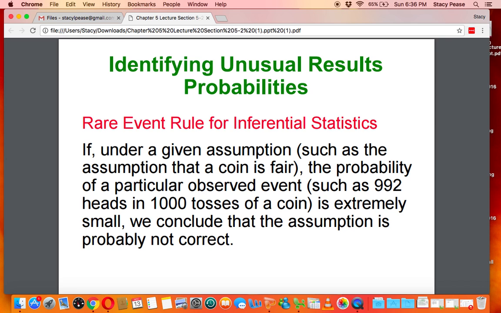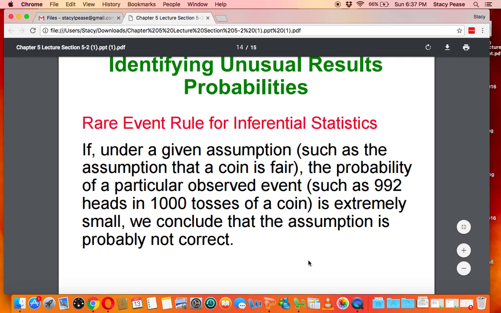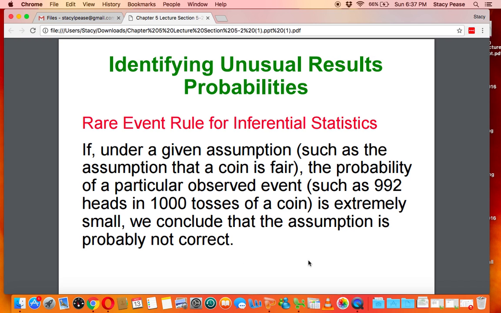So for example, if under a given assumption, such as the assumption that a coin is fair, the probability of a particular observed event, such as getting heads 992 times out of 1,000 tosses of a coin, is so extremely small, we actually have to go back and conclude that our original assumption is wrong, and that the coin is not fair. So just understand that based on probabilities, we can understand things about our assumptions going into problems, as well as whether something makes sense or doesn't.